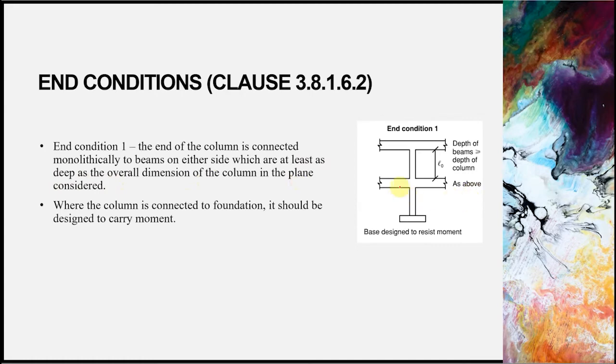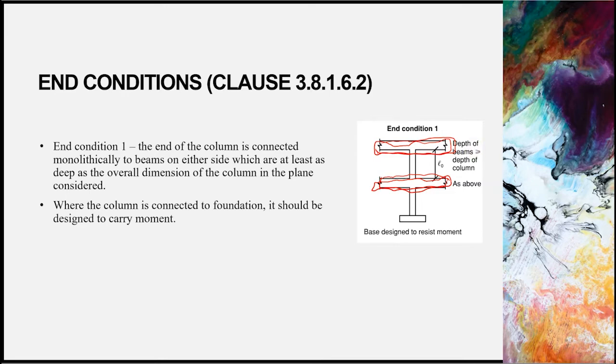Okay, jadi dekat sini, you have the column, and then you have the beam here. So you akan tengok yang belah bawah, sebab sekarang kita tengah tengok end condition yang bawah. Both sides, on this type of end condition, where the column is connected to foundation, it should be designed to carry moment.